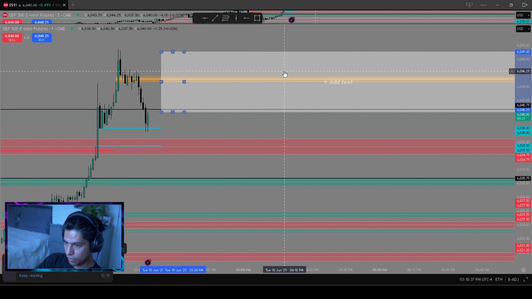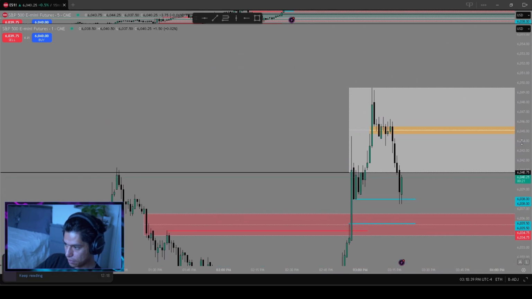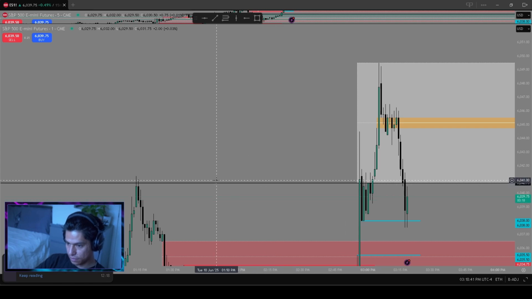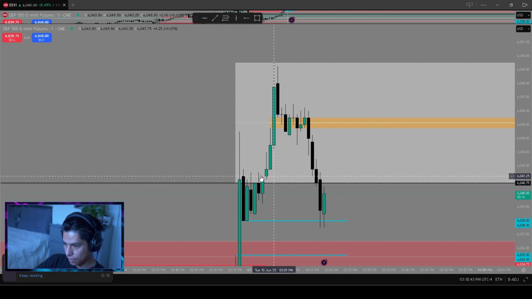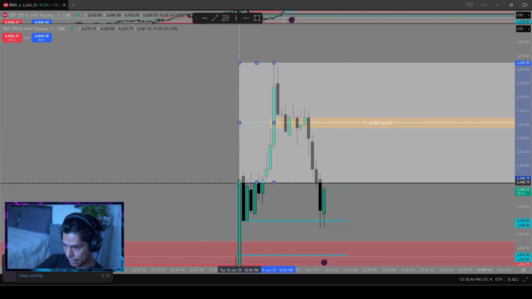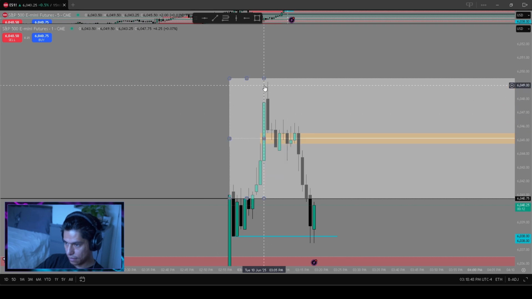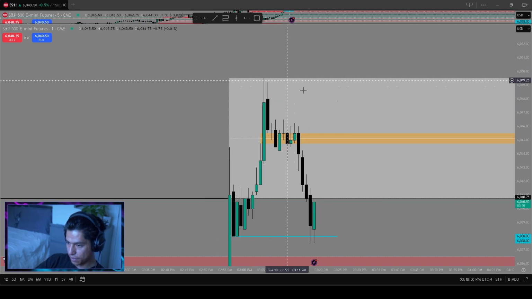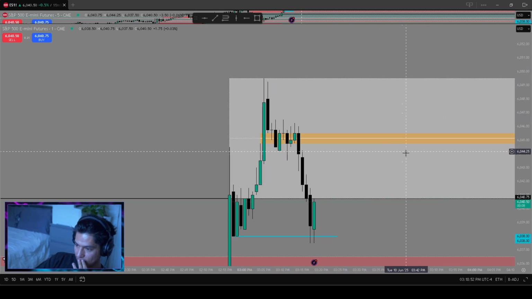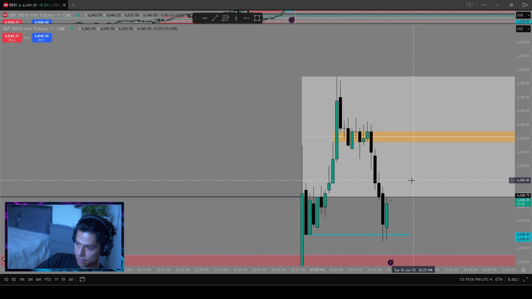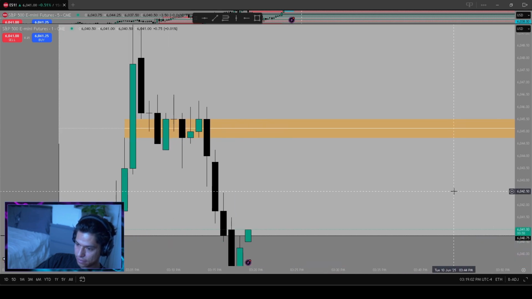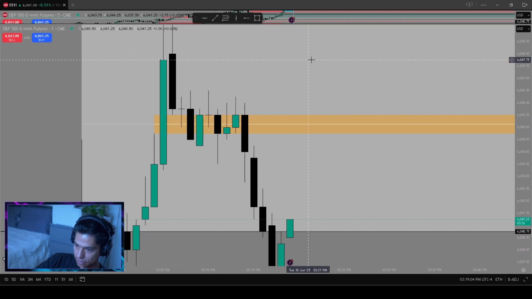And just like I said before, I drew this white box because these were the highs from before. So if we take the high, and then from the last high up here, when I look at price, I'm looking at this as a manipulation. So anything higher, you're kind of just chasing price. So I use the last fair value gap right here.